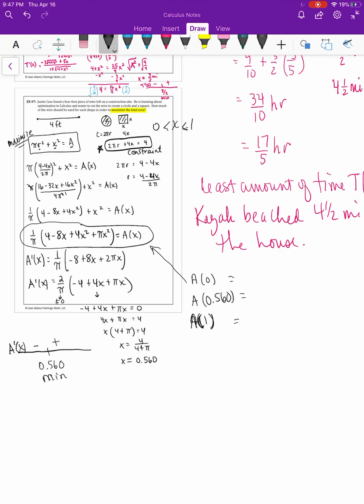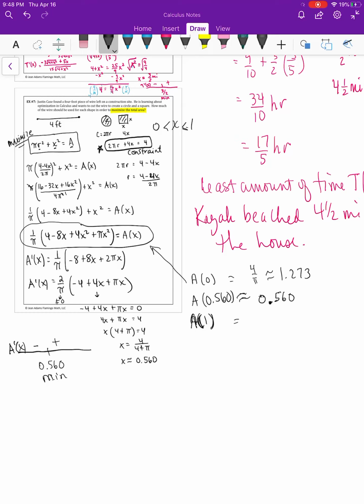So if I put 0 into my area equation for x, let's find it before I took the derivative here. There's the one before I took the derivative, so I'll be using that one. And if I put 0 in, it zeroes out everything with an x, and I get 4 over pi, which is approximately 1.273.